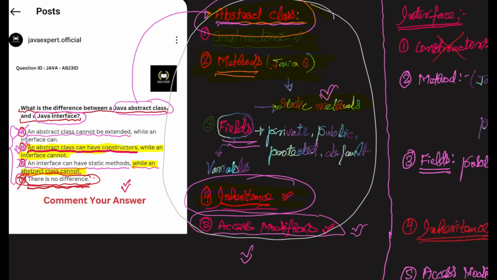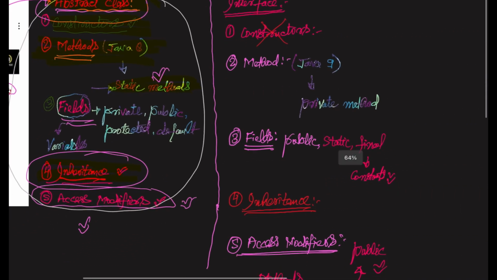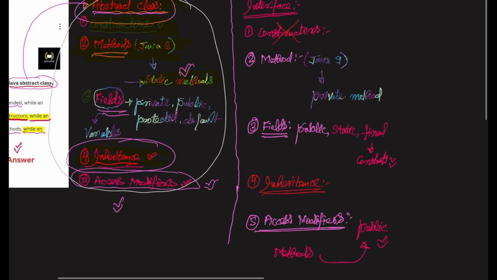Okay, let's verify the second statement, while an interface cannot. Let's see inside the interface. Yes, here we have the interface. Do interfaces have constructors or not? Constructors are present in interfaces or not?